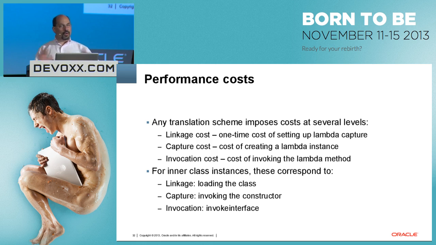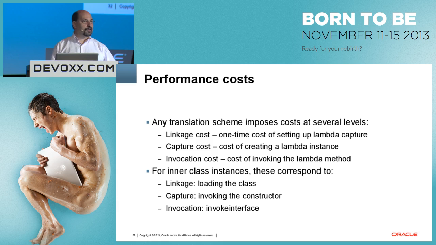So in a world where we had only inner classes, the way these would correspond is the first time you instantiate an inner class of a certain type, the VM has to go out to the file system, pull the foo$1.class bytecodes off the disk, go through the class loader, load the class, and then it can call the constructor and instantiate the object. So that, go out to the file system, get the class file bytes, and pass them to the class loader and turn that into a class, verify it, all that stuff, that's your linkage cost.